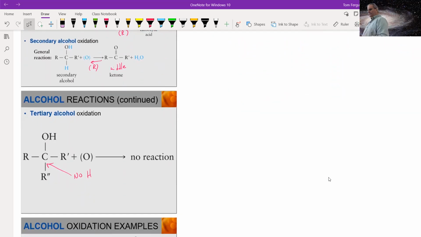So again, no hydrogens by the hydroxyl group, no oxidation possible.